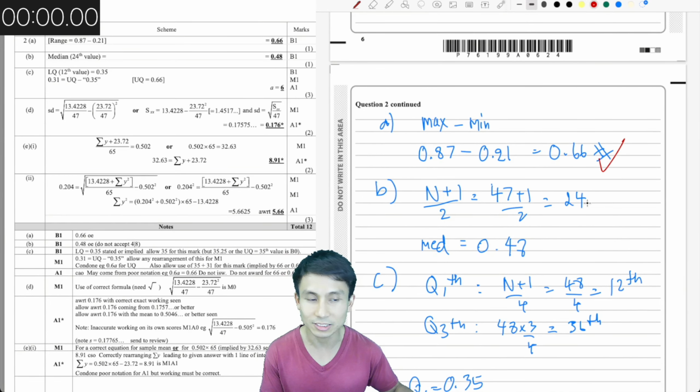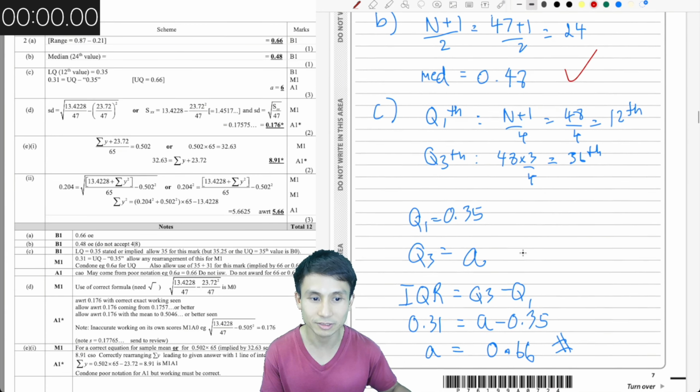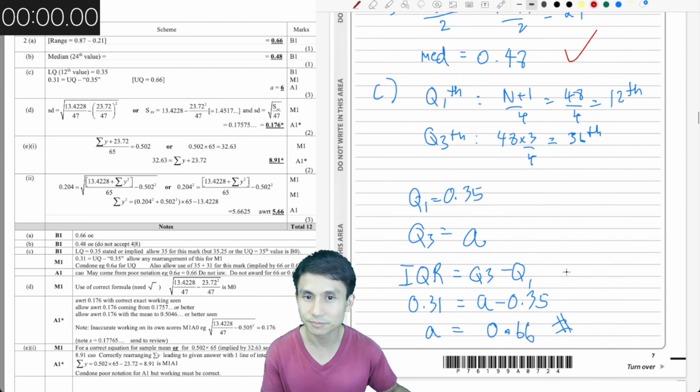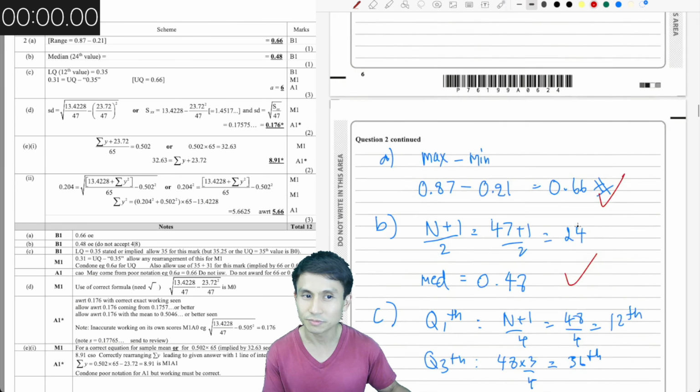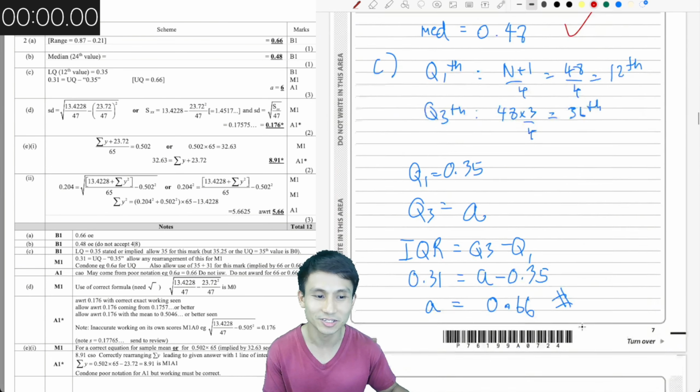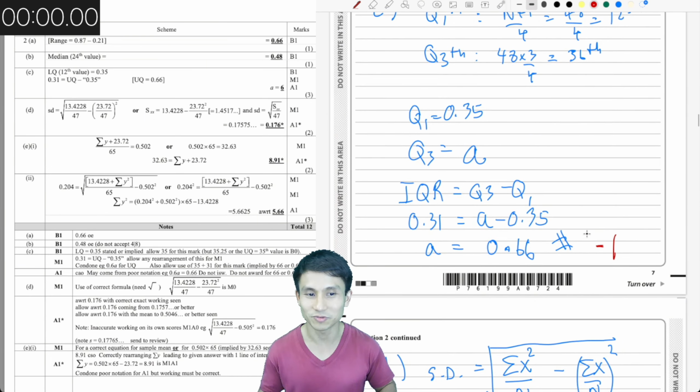Range is 0.66, 0.48. This A is... oh, I see. The value of A, yeah. The upper quartile is 0.66. So, yeah, right, I should have known.